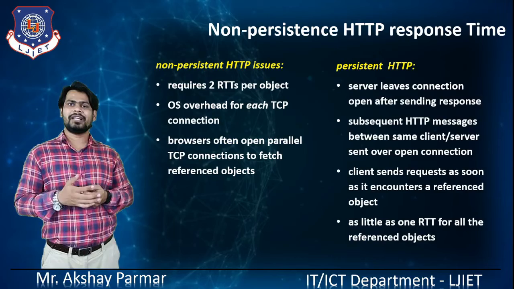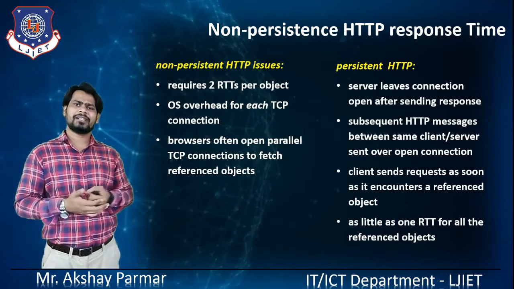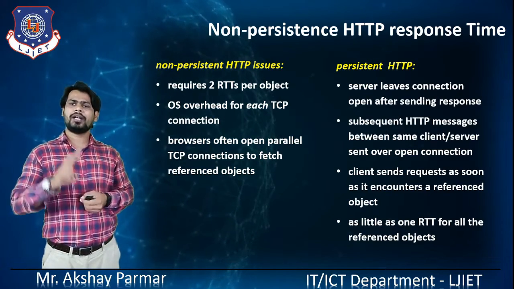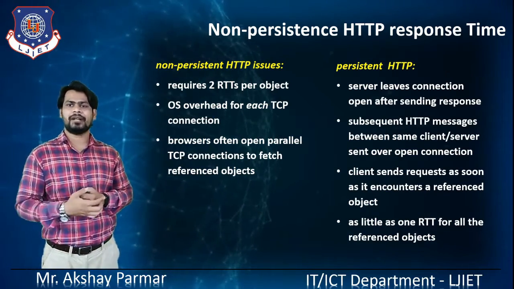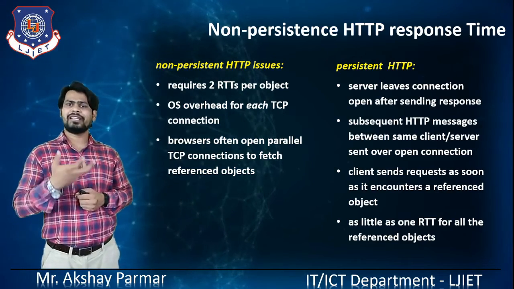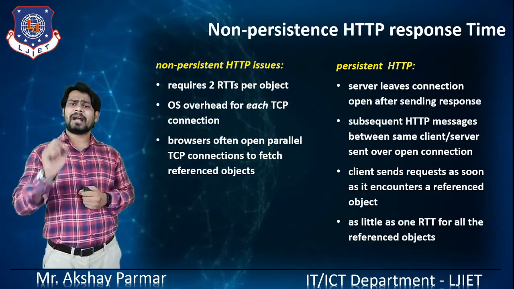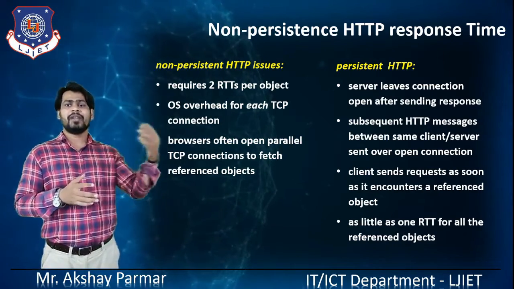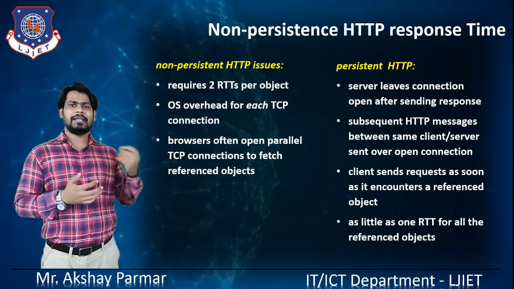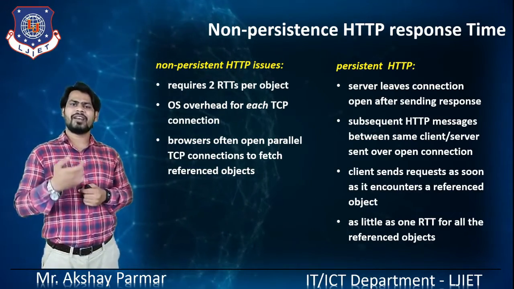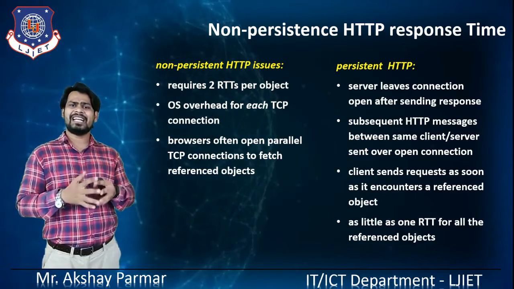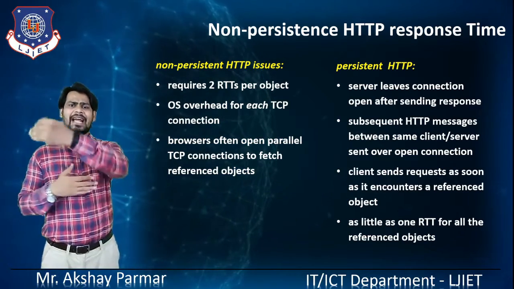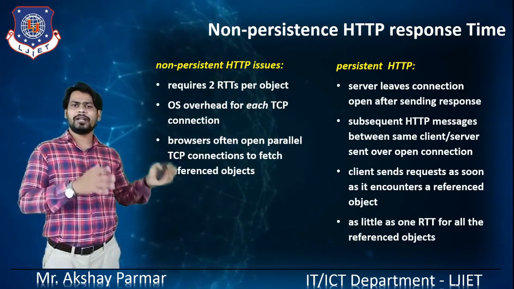Let's see the difference between the issues of non-persistent HTTP and persistent HTTP, right? In non-persistent HTTP, we require 2 round trip times per object, right? There is OS overhead for each TCP connection, and browsers often open parallel TCP connections to fetch referenced objects. In persistent HTTP, the server leaves the connection open after sending a response, and subsequent HTTP messages between the same client and server are sent over the open connection.